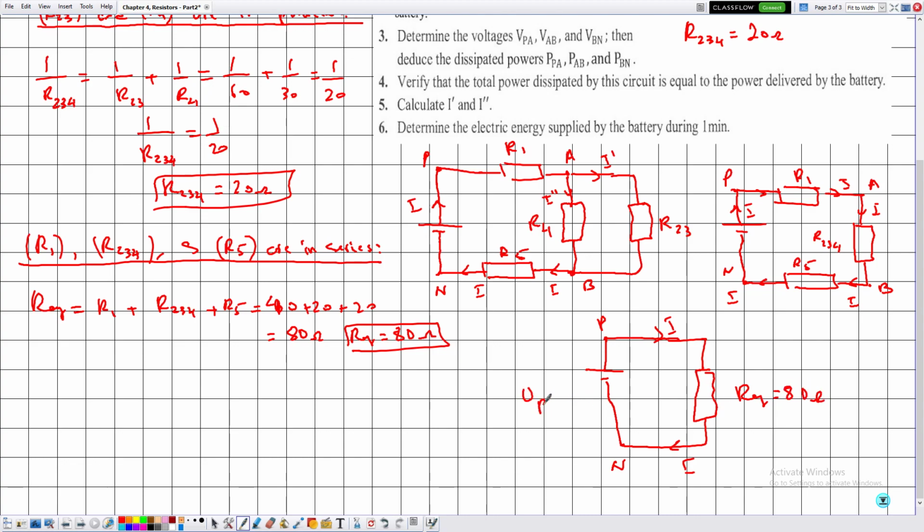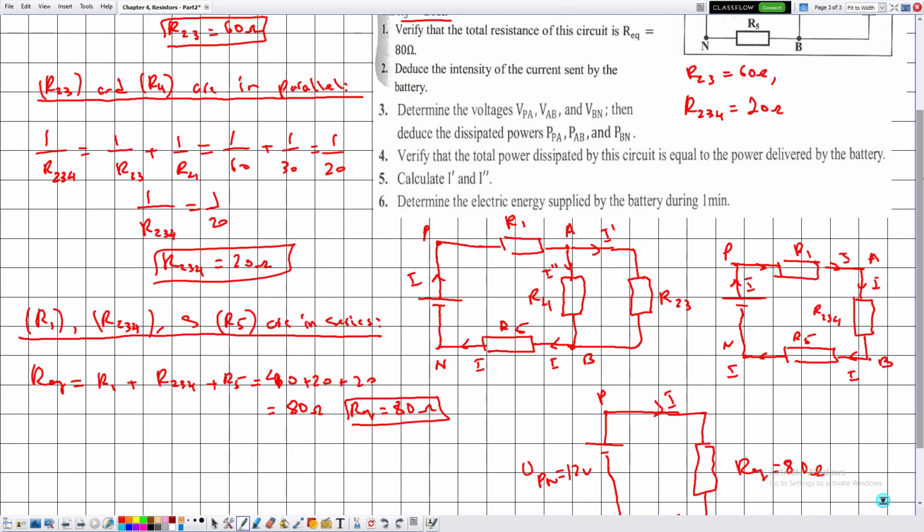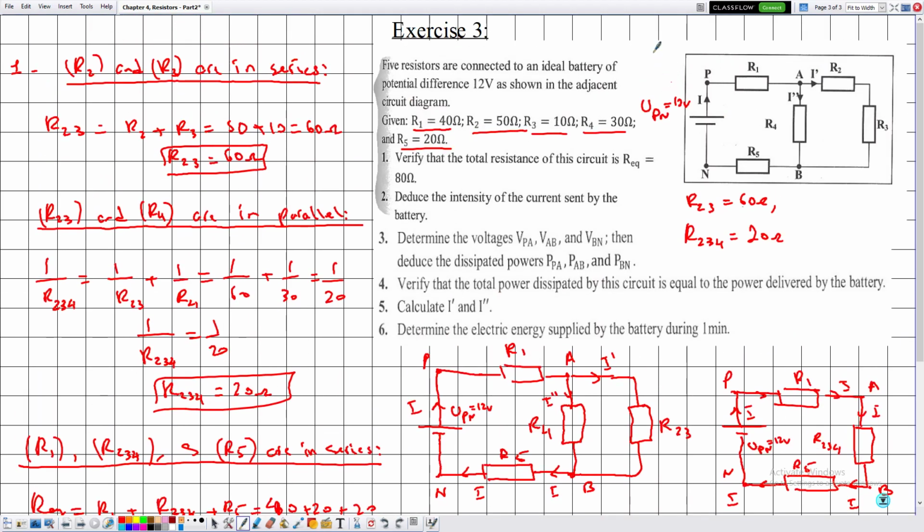Here we have that UPN is equal to 12 volts, I think. Okay. Now let me label the ordering of the circuits 1, 2, 3, and 4.